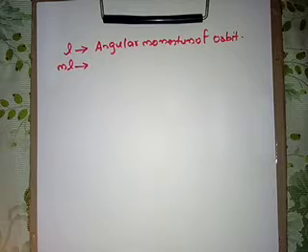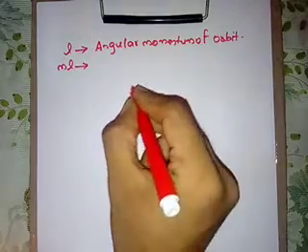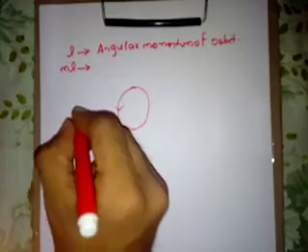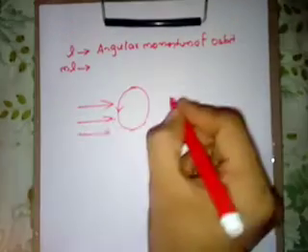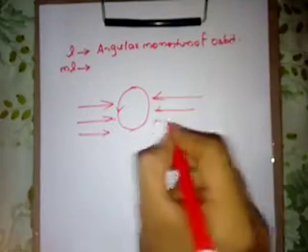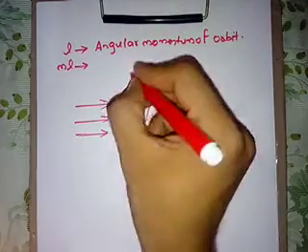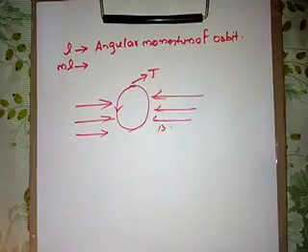Now this torque tries to align the magnetic field produced by orbital electrons with the external field. So if you are placing a current loop in the external magnetic field, this current loop will experience a torque, and this torque tries to align the magnetic field produced by the orbital electrons.